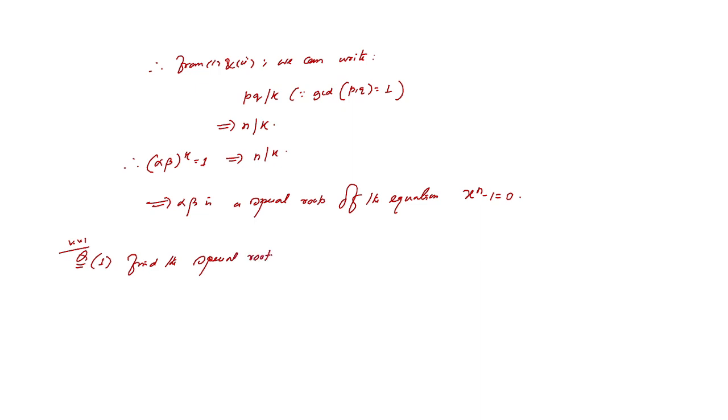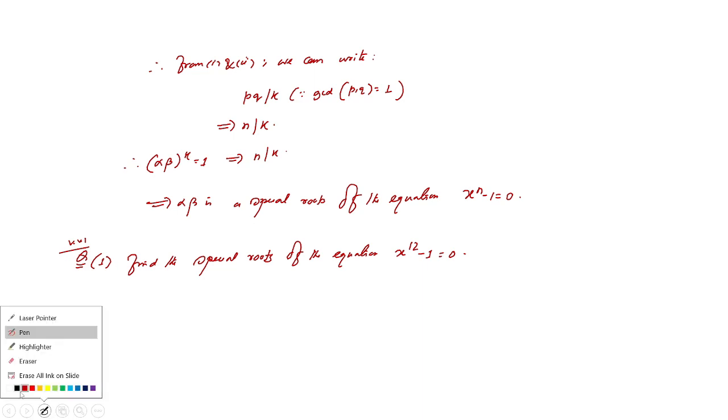Find the special roots of the equation x to the power 12 minus 1 equals 0. So how will we prove it? We will prove it based on the theorem.